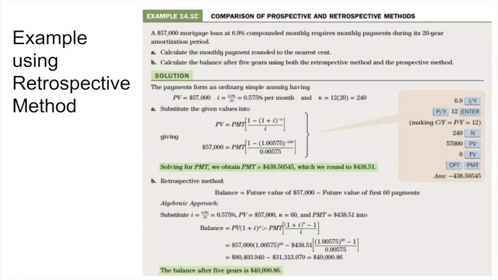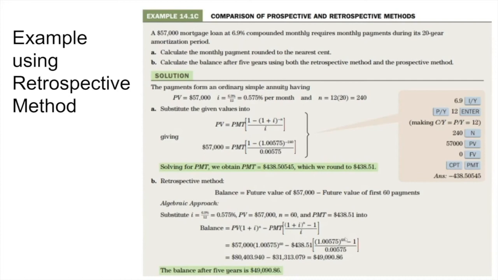So the future value calculation, here's PV times 1 plus i to the power of n. We've taken 57,000. We've put 1.00575, where 0.00575 is the interest rate, to the n, which is 60 months. So that's the first bit. The second bit looks at the string of payments. So we're saying it was $438.51 was the payment.